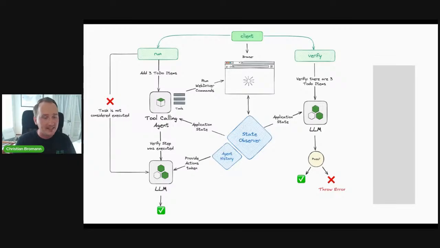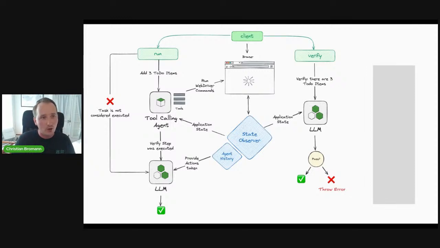Whatever happens in the browser will be stored in something like a state observer. And to make sure that the agent knows and understood what it has done before, we also keep a little memory of what the agent did in the agent history. So the way it would work is you give the agent a prompt to do something.